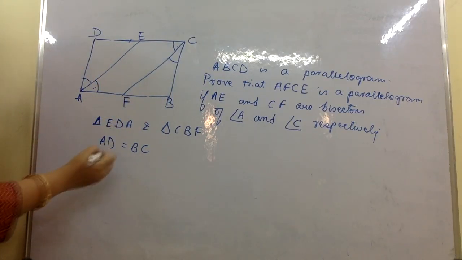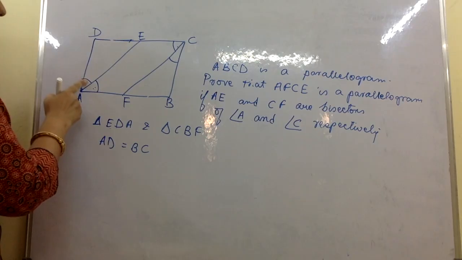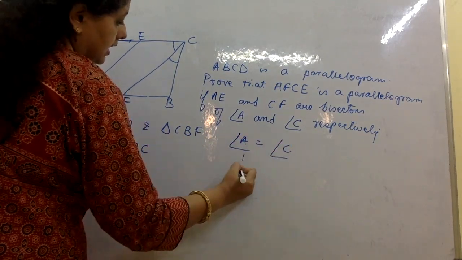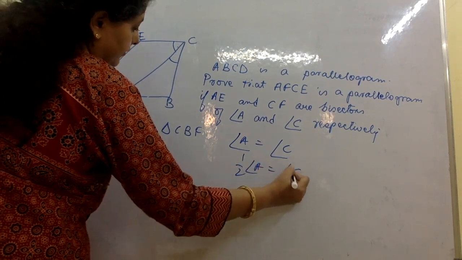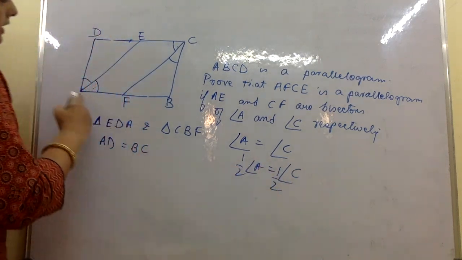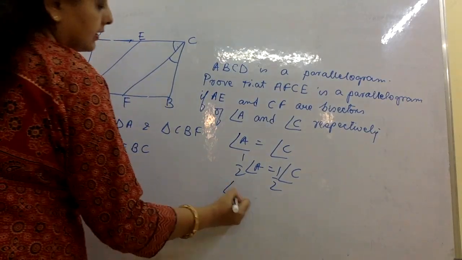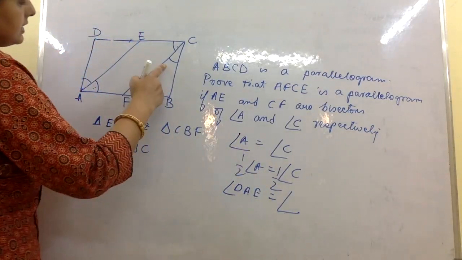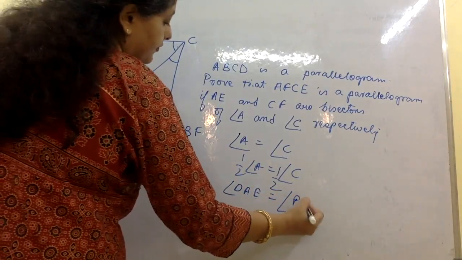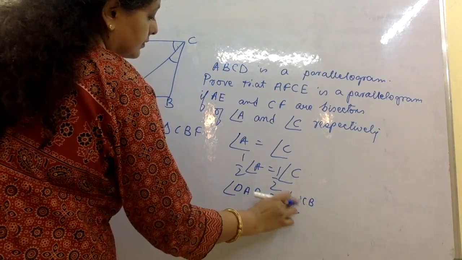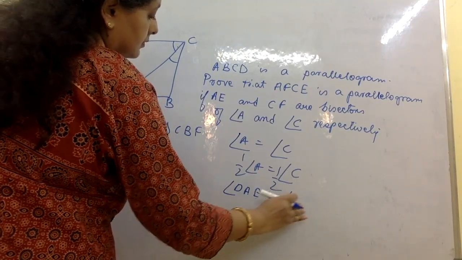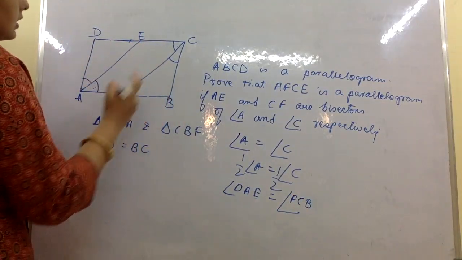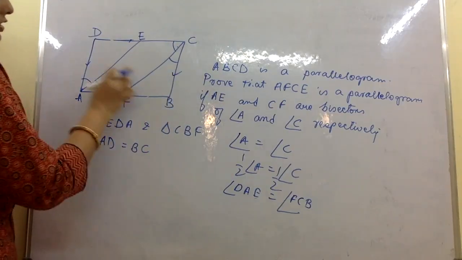Now since these are the bisectors, I can say angle A is equal to angle C, so half of angle A is equal to half of angle C. Therefore, can I not say angle DAE is equal to angle FCB? That means these two angles are equal and these two sides are equal in these two triangles.